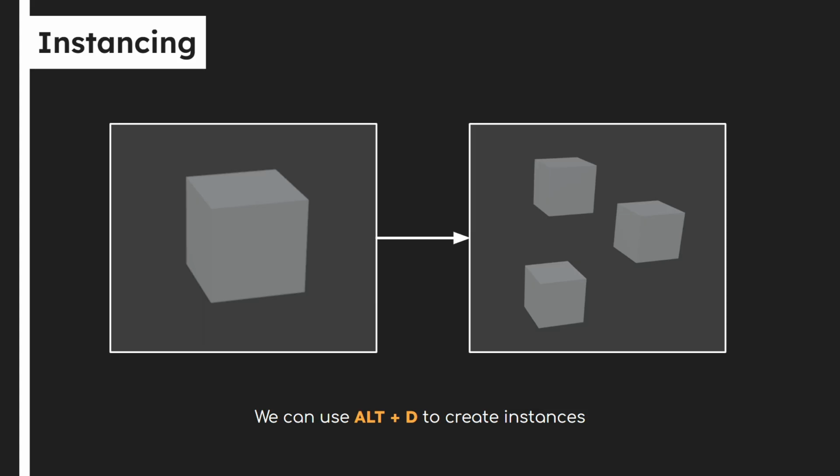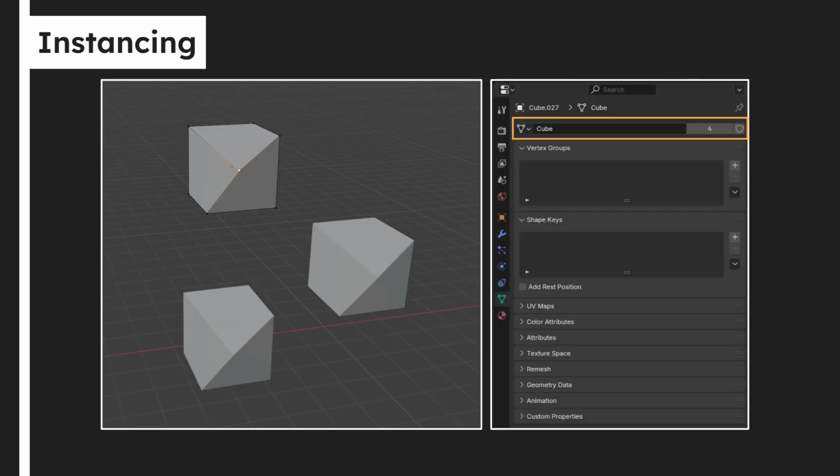On the contrary, what I'm going to introduce is Alt-D. I think I've talked about it a little bit before, but basically what Alt-D means is we're going to create an instance of that object. So we're not creating a new object, we're creating, let's say, an empty object that references the existing one. Basically how object-oriented programming works.